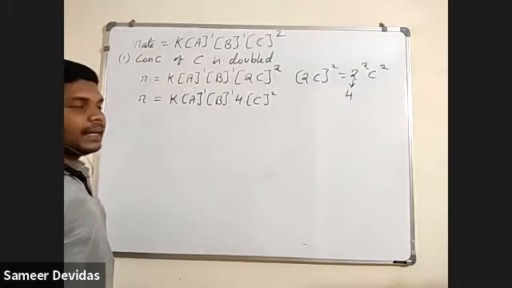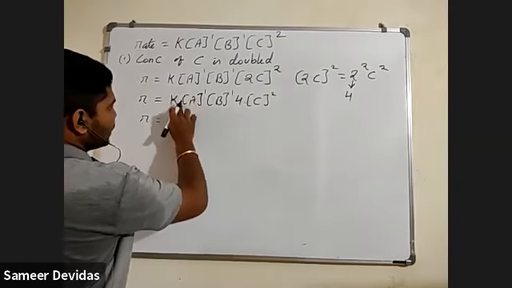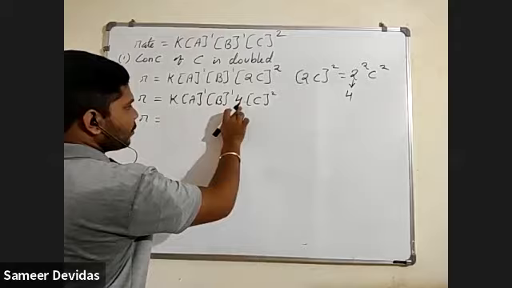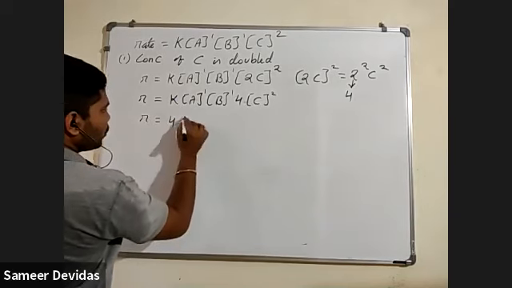All have understood till here? Yes, sir. Now, is any number there in front of this? No, 1 is there. Here 4 is there. So whatever number is there, you write it first. 4.